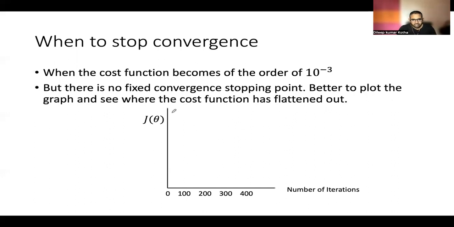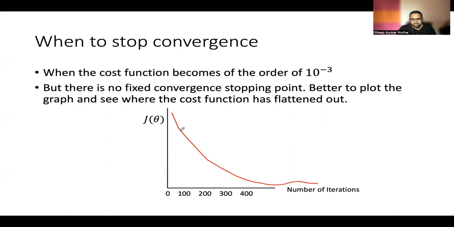So a normal cost function plot, if the gradient descent algorithm is written properly, will show the cost function going down with the number of iterations like this. It will flatten out at some point.